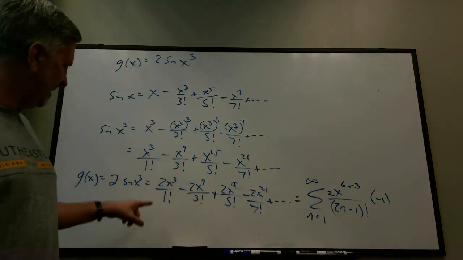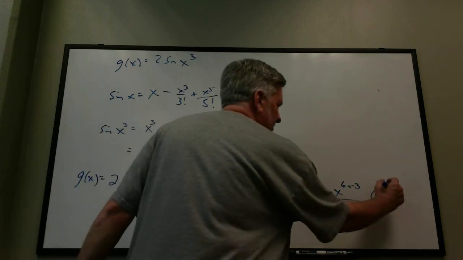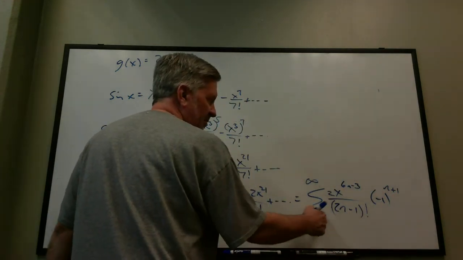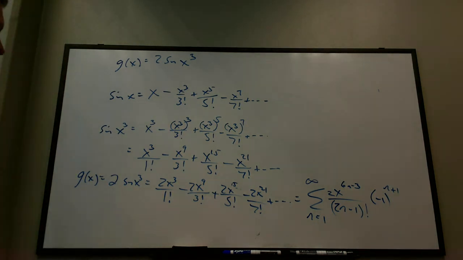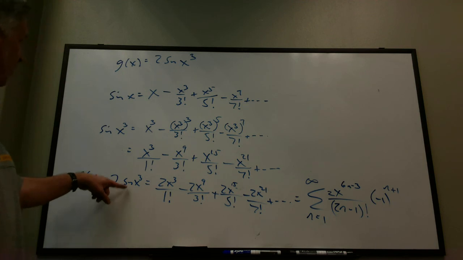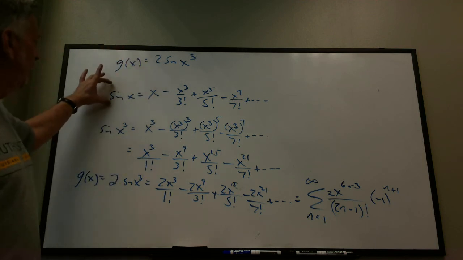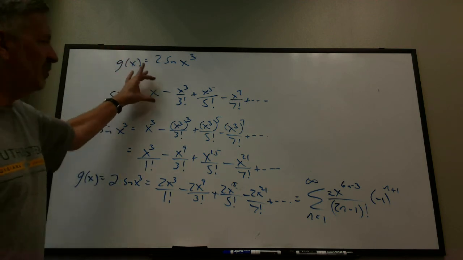With that in mind, I need to start with a positive, so this needs to be n plus 1, because when I plug a 1 in here, it'll be negative 1 squared, and that's positive. Okay, so there's that example. That's creating a power series for a function we don't know from a function whose power series we do know.